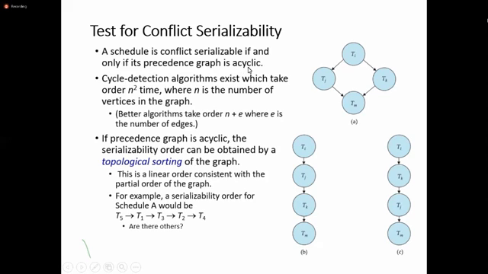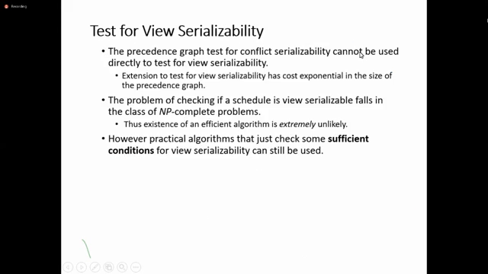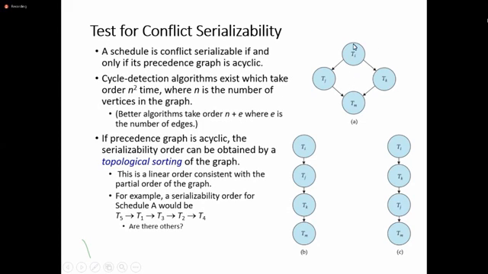Cycle detection algorithms exist which take order n squared time, where n is the number of vertices in the graph.